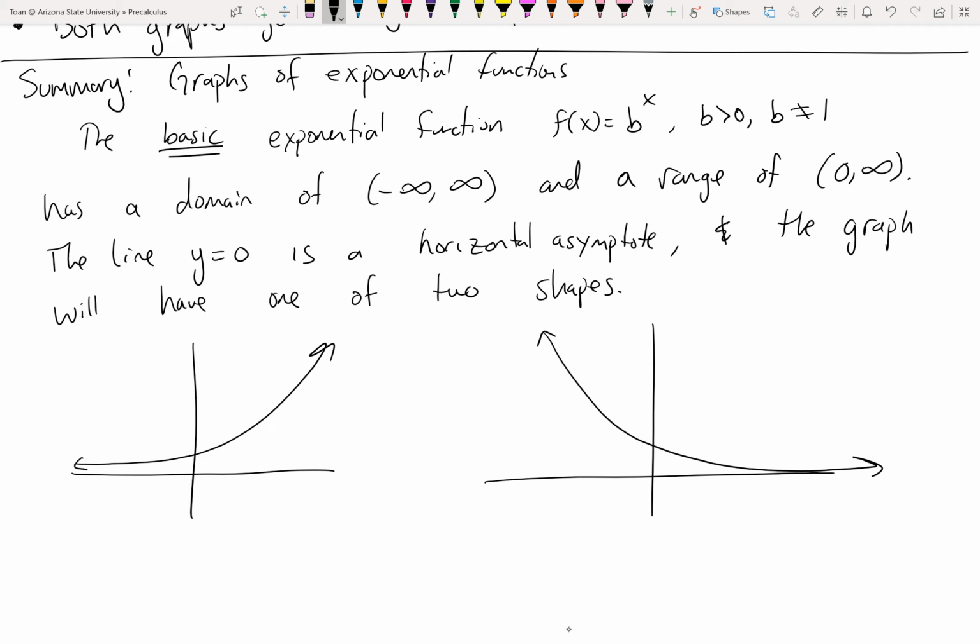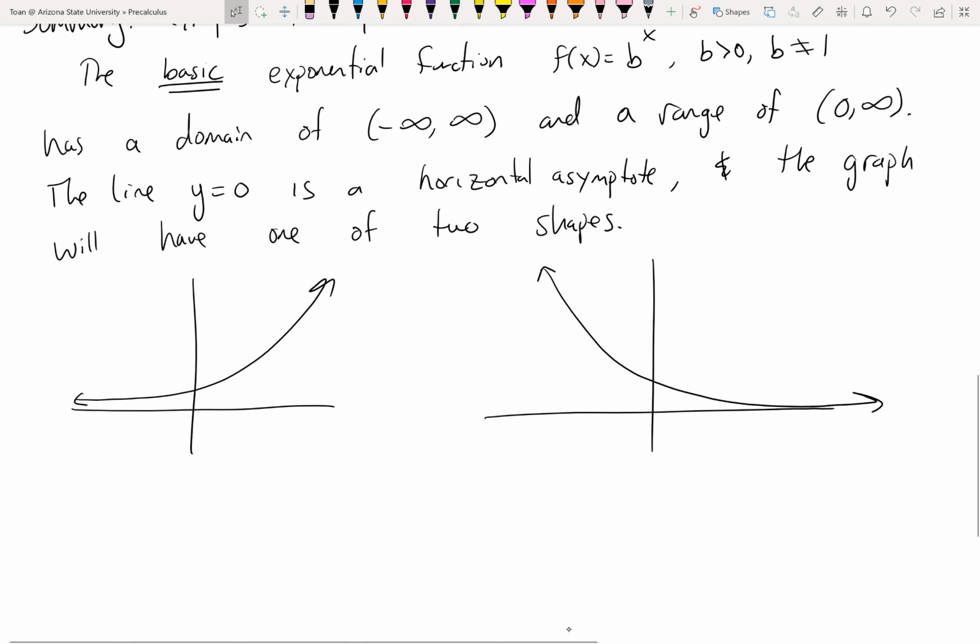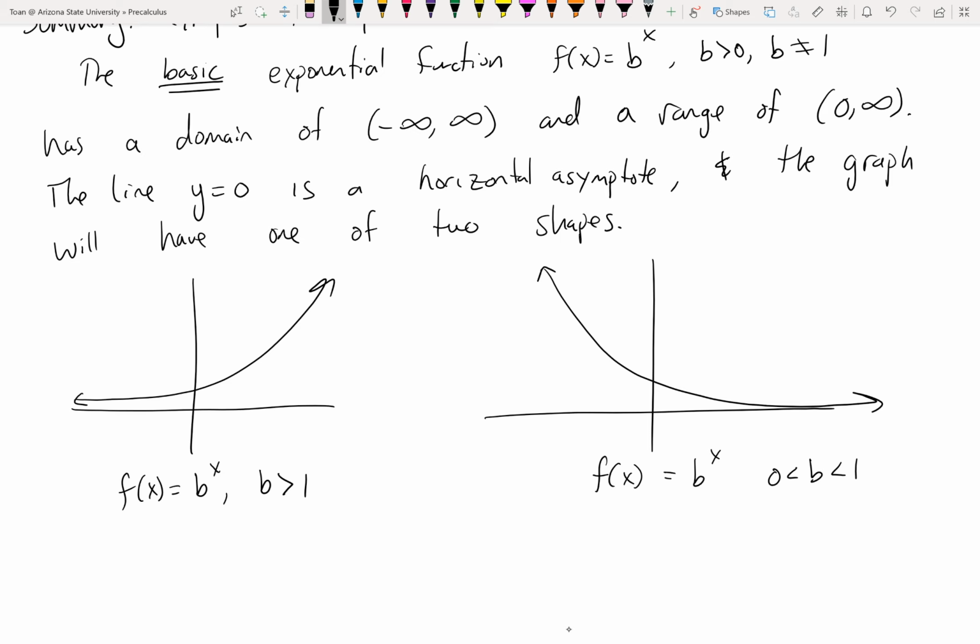And it all depends on what the base is. If your base is greater than 1, it will grow to the right. And if your base is smaller than 1, it will shrink to the right.